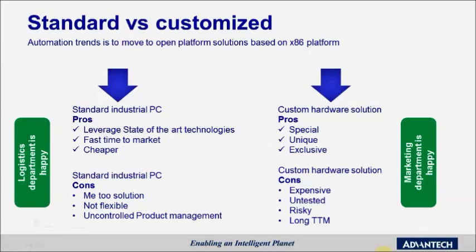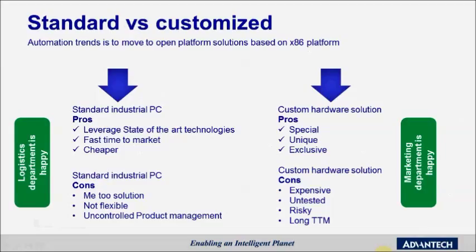Of course, we also need to take into consideration that there are some cons. First of all, it is a me-too solution. What does it mean? It means that the solution we are bringing to the market could be common to our competitor. We are offering a solution and a competitor can see and check if it is good. He can apply the same configuration you are using.